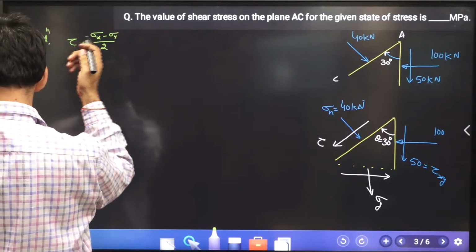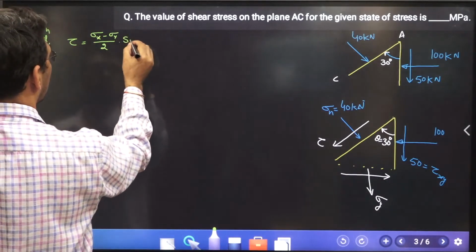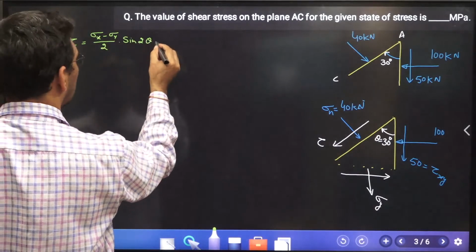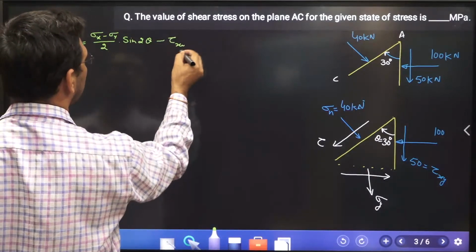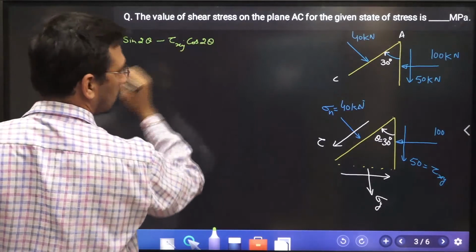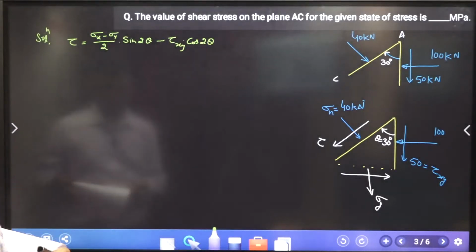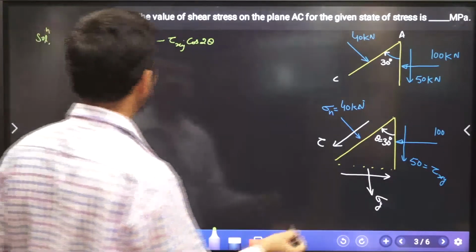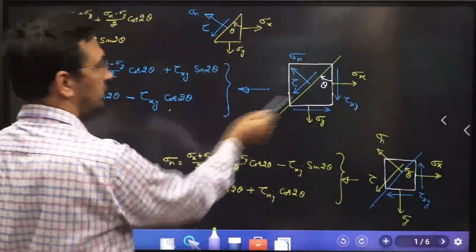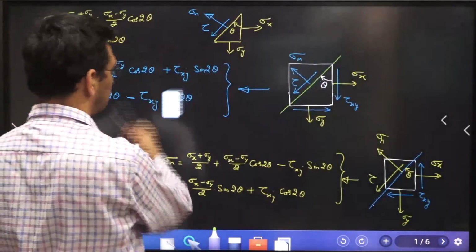Sigma x minus sigma y by 2 sine 2 theta and minus tau xy cos 2 theta. So have I used this sign properly or not? You can just see, it is minus. Yes, this is converging over here. So minus sign. Okay.